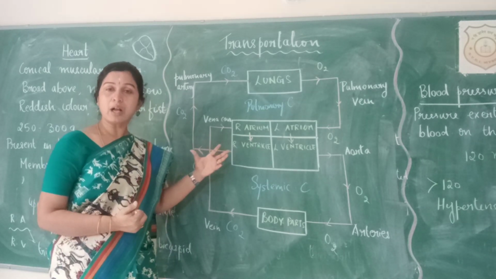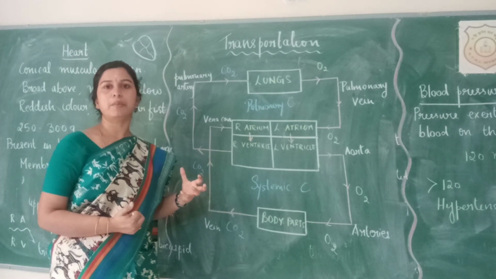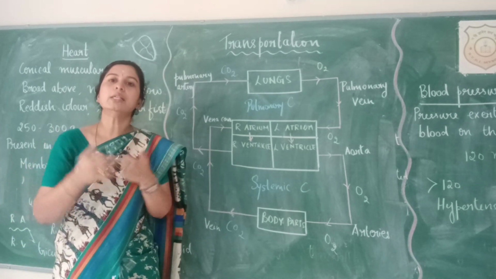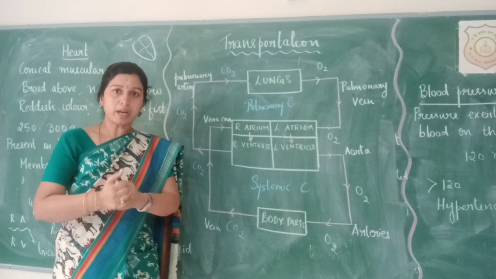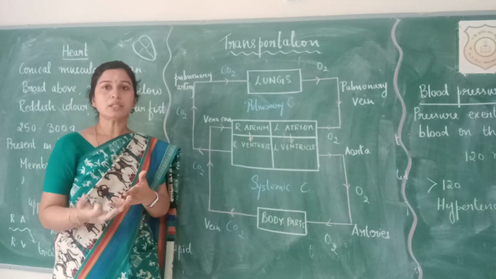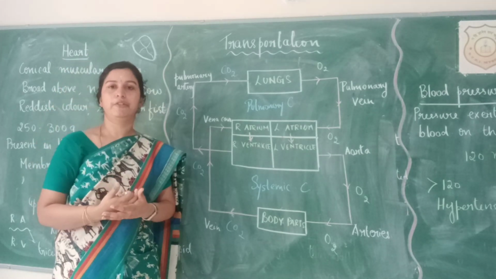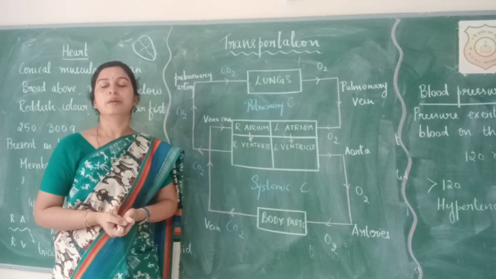The vena cava which collects deoxygenated blood from the lower parts of our body is called the inferior vena cava, and the vena cava which collects deoxygenated blood from the brain, from above the heart, is termed the superior vena cava.